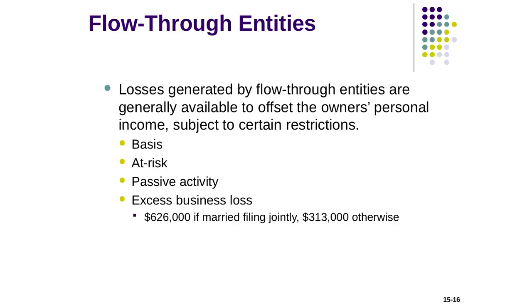And those restrictions are basis, at risk, passive activity, and then excess business losses. The ones that we will focus on the most for our particular class are basis and then the passive activity.